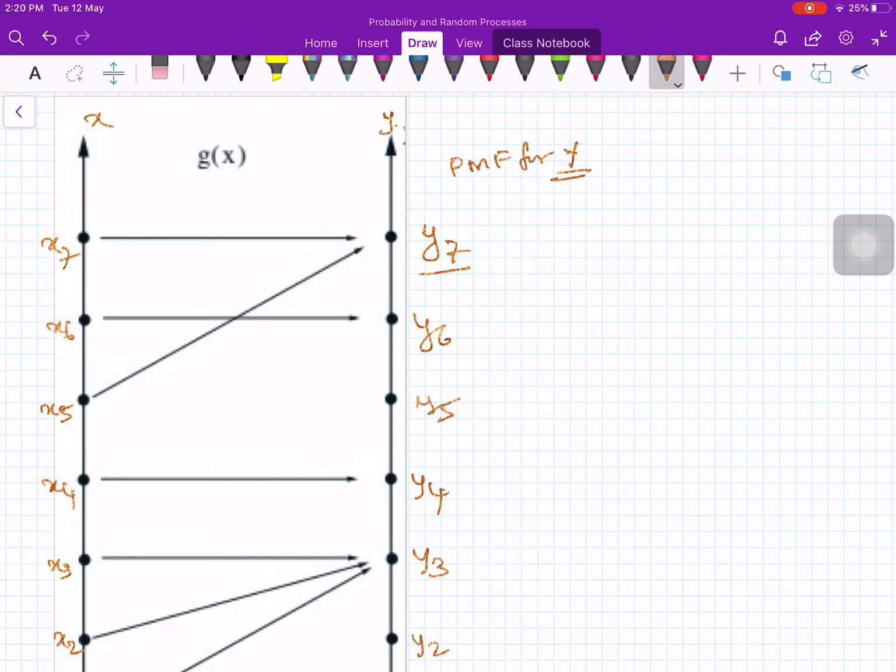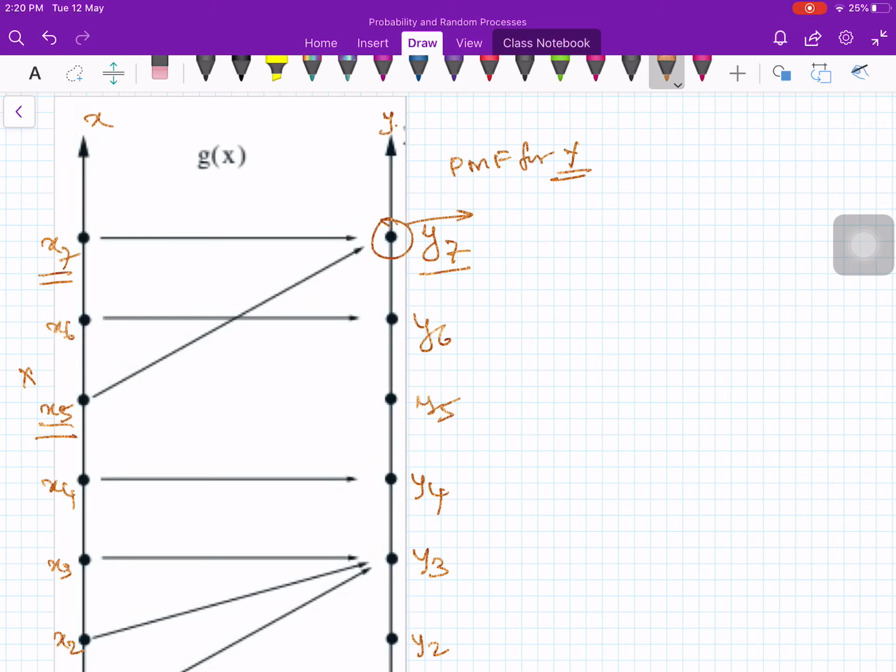For example, if I'm interested in finding the probability that y takes this particular value, how would I find it? I ask what are the different ways that this y7 value can happen. The different ways that y7 can happen is either capital X takes the value x5 or it takes x7.